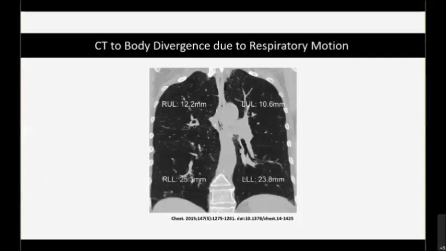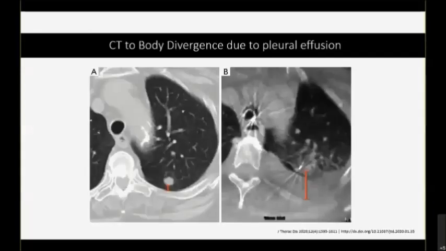And these are median numbers for approximately 84 patients. If you look in the lower lobes, because of the motion of the diaphragm, there's up to 2.5 centimeters of motion, and sometimes up to 4 to 5 centimeters of motion, depending on the particular patient in this particular study.